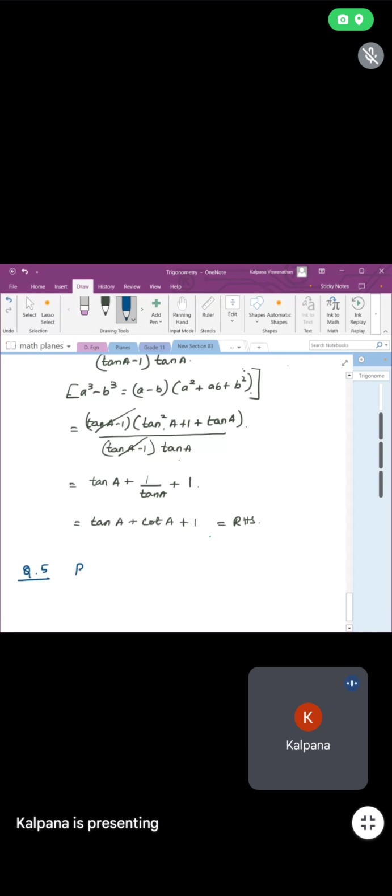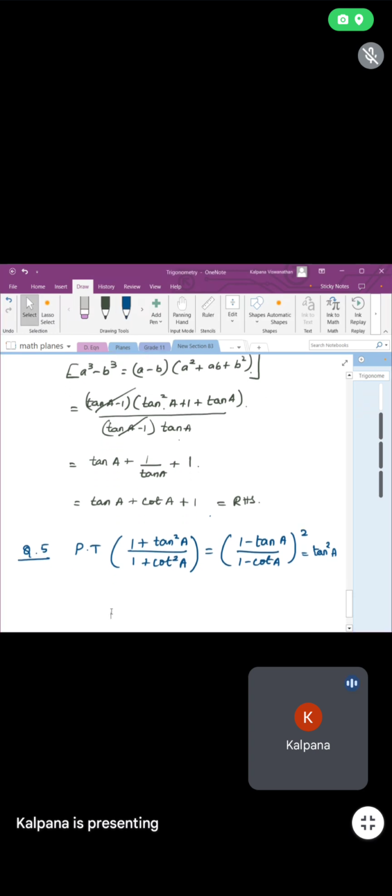Question 5. Prove that 1 plus tan square A divided by 1 plus cot square A is equal to 1 minus tan A by 1 minus cot A, the whole square, is equal to tan square A. So in both the places you have equal to.